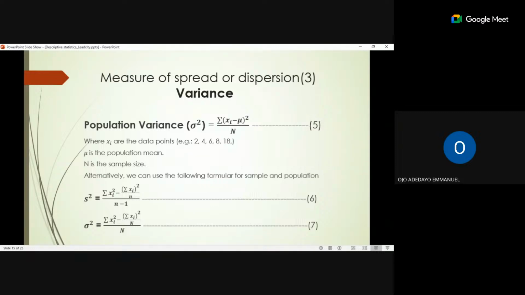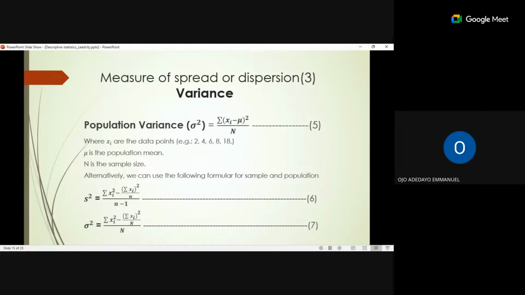If your examiner asks you to assume that this sample is a population, then you are going to take that data as population, irrespective of whether the sample is less than 30 or not, because they've stated the condition for you that the data is population data. So at the end of the day, instead of dividing by n minus 1, you are going to divide by ordinary n, not n minus 1.